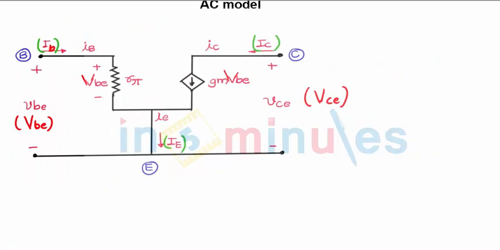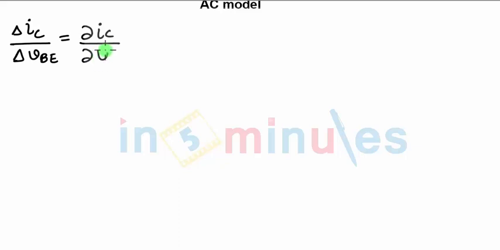Now in the output portion, we have the collector current IC. What is it dependent on? It is dependent on VBE. So we can say the change in IC with respect to the change in base emitter voltage is the change in the collector current with respect to the change in VBE at the Q point.